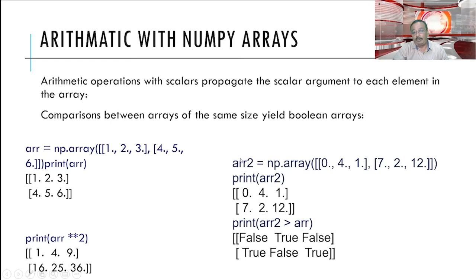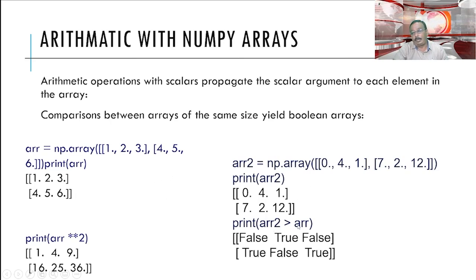And you have one more array, array 2, with different values. And we are checking a logical operation: array 2 greater than array. So there is an array 2 with these values and there is an array with 1, 2, 3, 4, 5, 6 and so on. We are trying to compare each element.